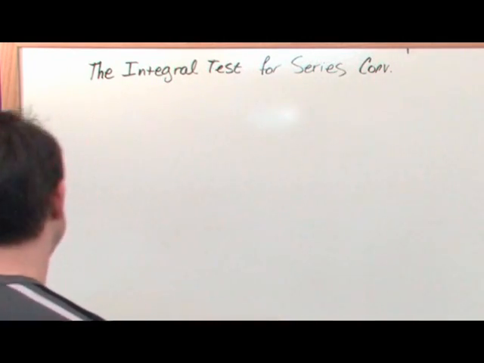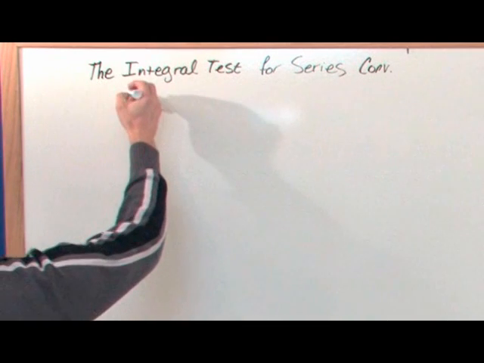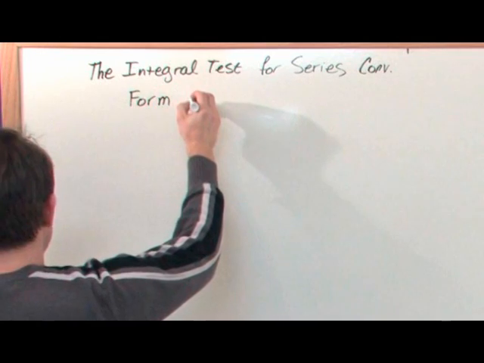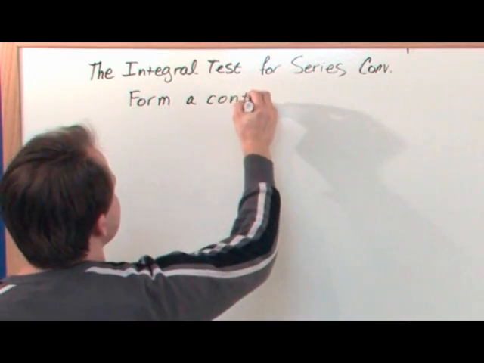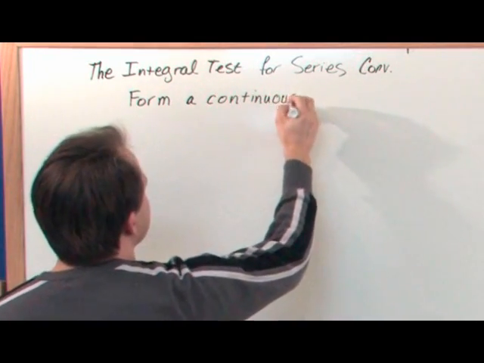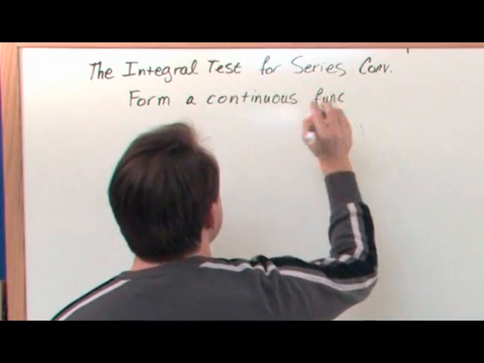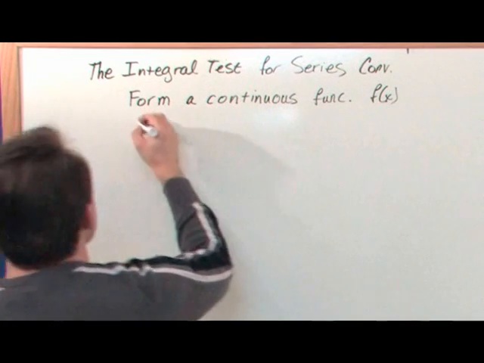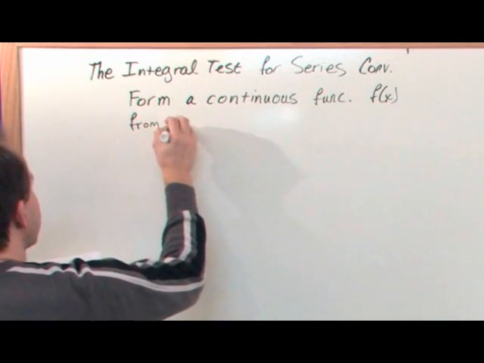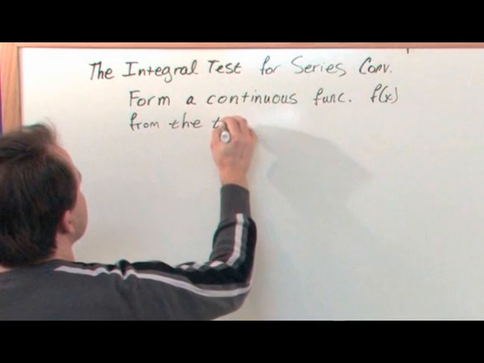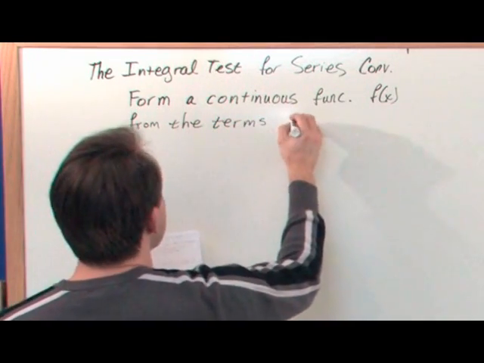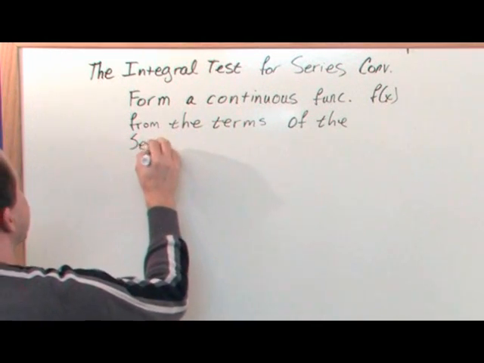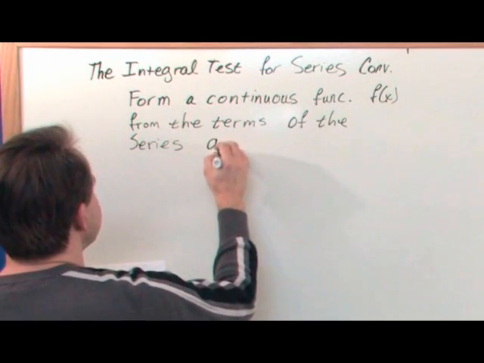Okay, so this is what you do. The first thing you do is form a continuous function, f of x, from the terms of the series, a sub n. There are a lot of words here, but it's really not that bad.